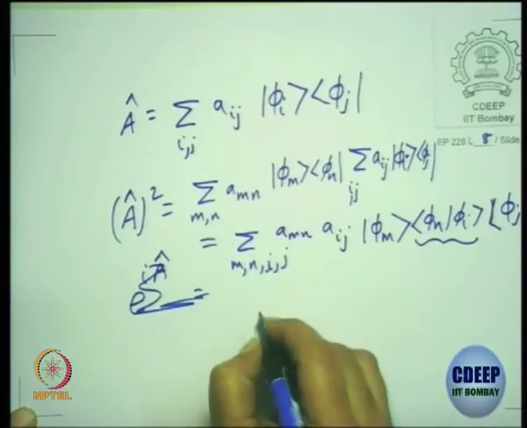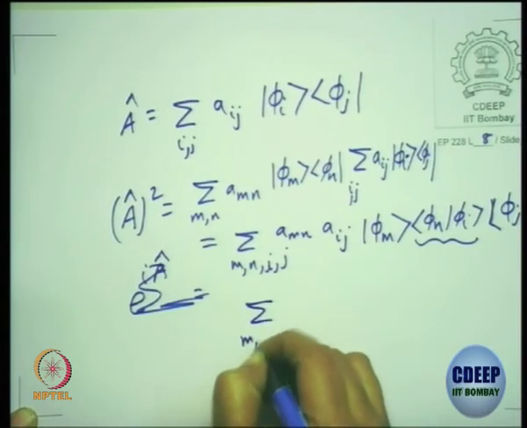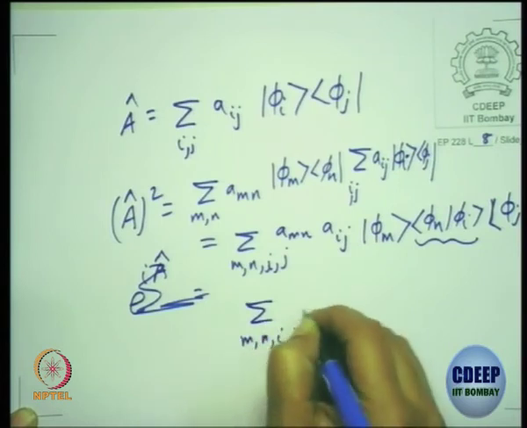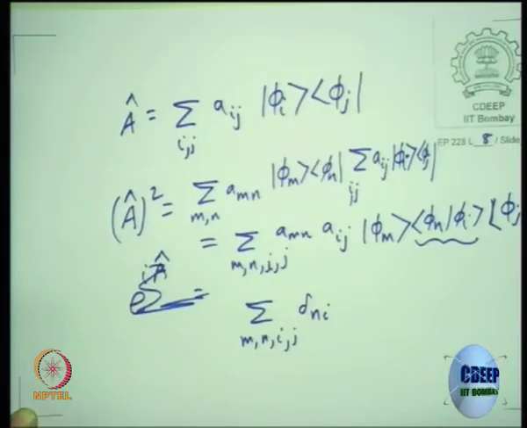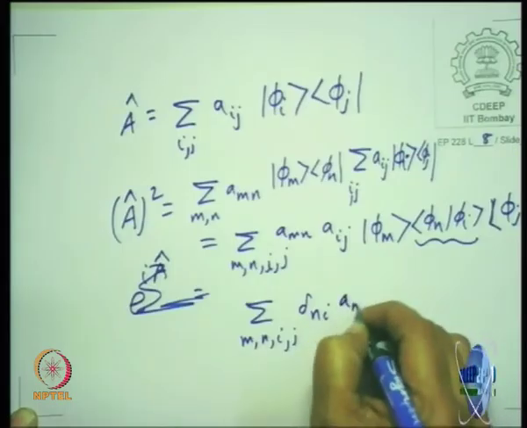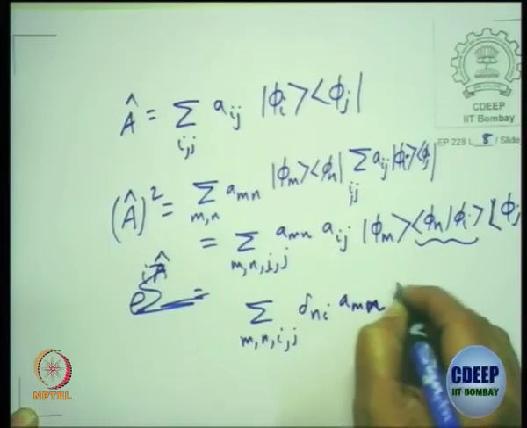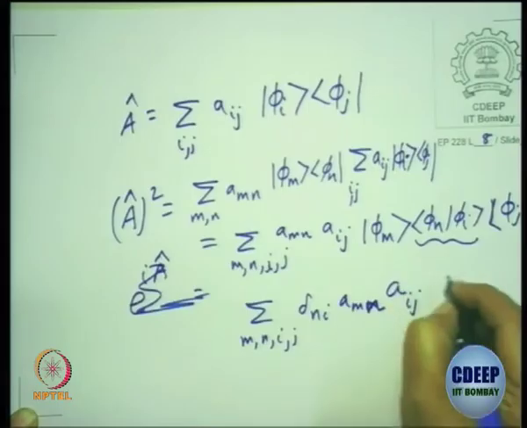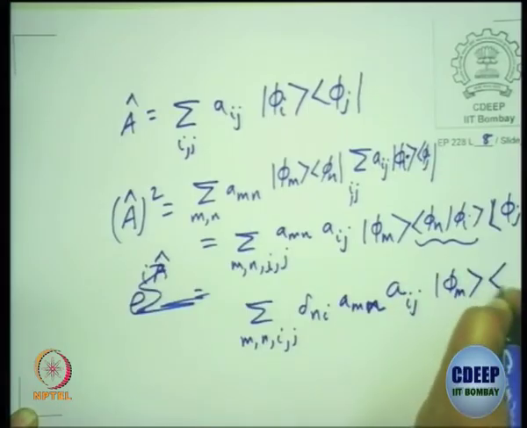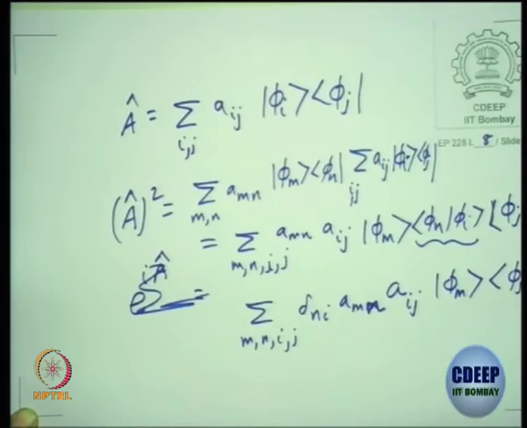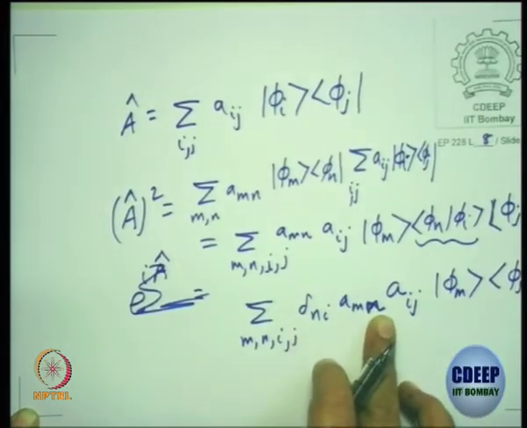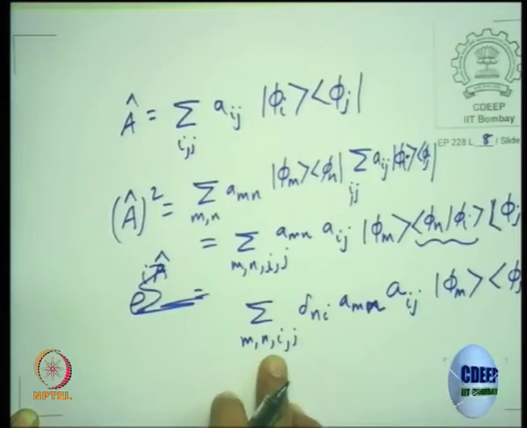So you will have summation over m, n, i, j of delta ni a_mn a_ij |phi_m><phi_j|. So wherever n is there, I can replace it by i, and one summation of i is gone.